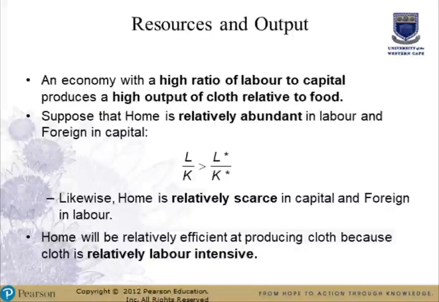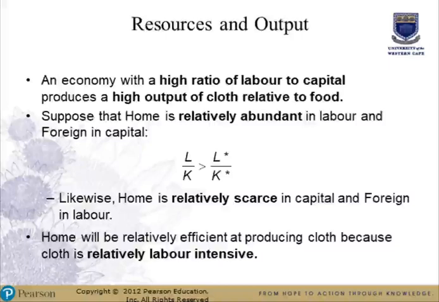From the previous section, we concluded that an economy with a high ratio of labor to capital produces a high output of cloth relative to food. With the understanding of the two-factor economy production structure analysis and its effect, let us now introduce trade and analyze its effect. Suppose firstly, the home economy has a relative abundance in labor and foreign has a relative abundance in capital, as reflected by the expression L over K in the home country is greater than L over K in the foreign country.